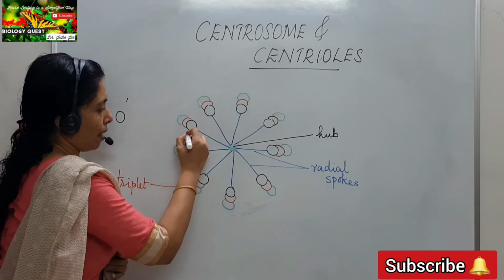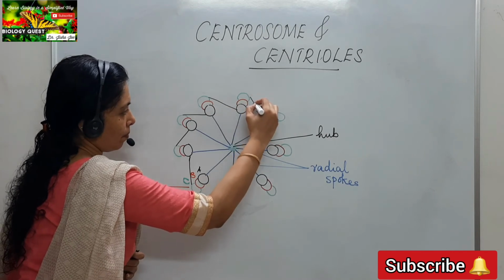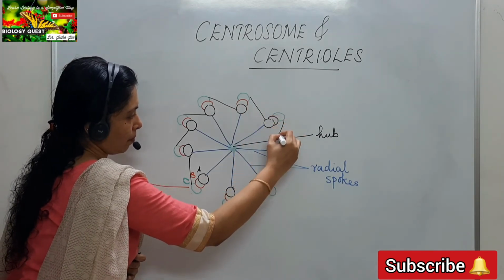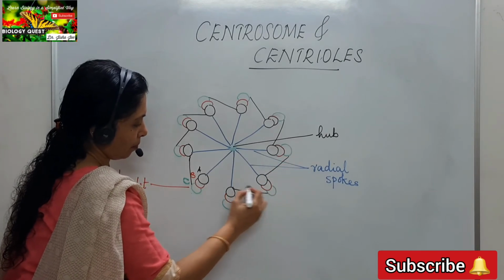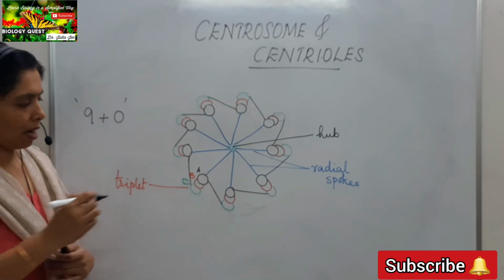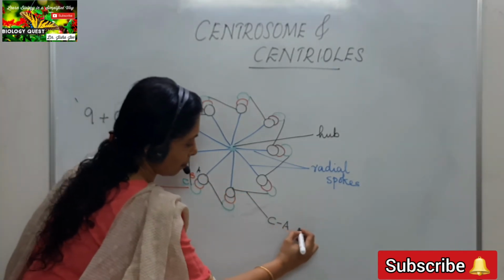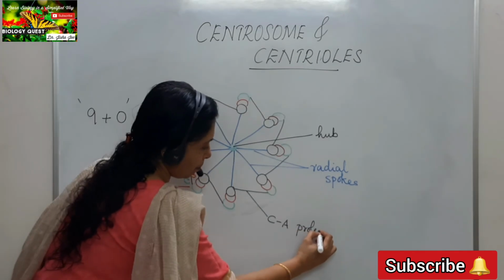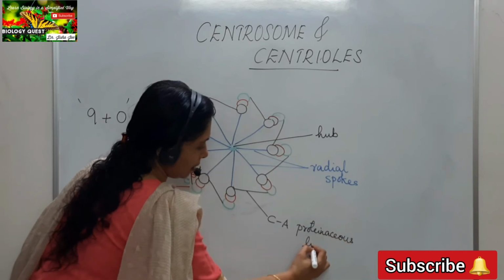C to A. So these are the CA proteinaceous linkers.